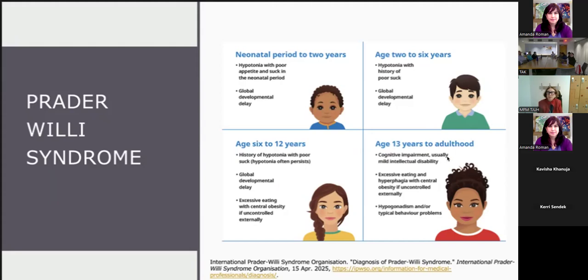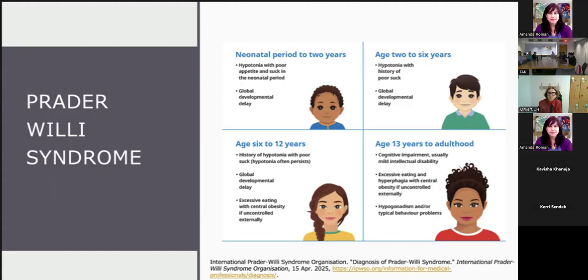Motor milestones and language development are delayed. All individuals have some degree of cognitive impairment, and hypogonadism is present in both males and females and can manifest as genital hypoplasia, incomplete pubertal development, and in most, infertility. Short stature is also common unless treated with growth hormone.